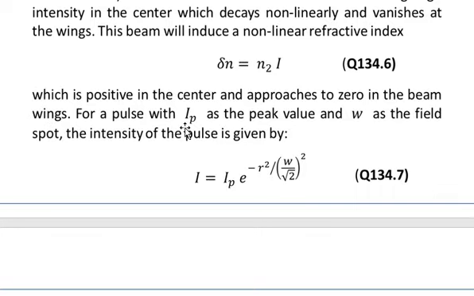For a pulse with IP as the peak intensity and W as the spot size of the laser beam, the intensity of the pulse is given by this expression. This is the incident laser intensity having a Gaussian profile, incident on the Kerr medium.